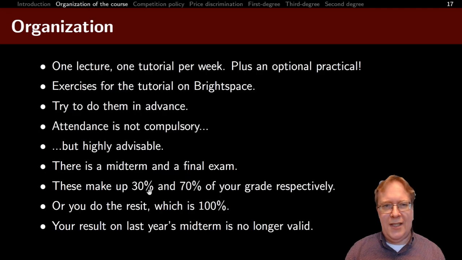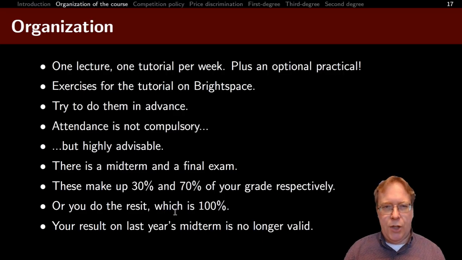For the resit, your midterm and your final exam don't count anymore, which also implies that the resit makes up 100% of your final grade. So either you pass the regular exam, which consists of midterm and final, or you pass the course with the resit, which is the resit on all the material.